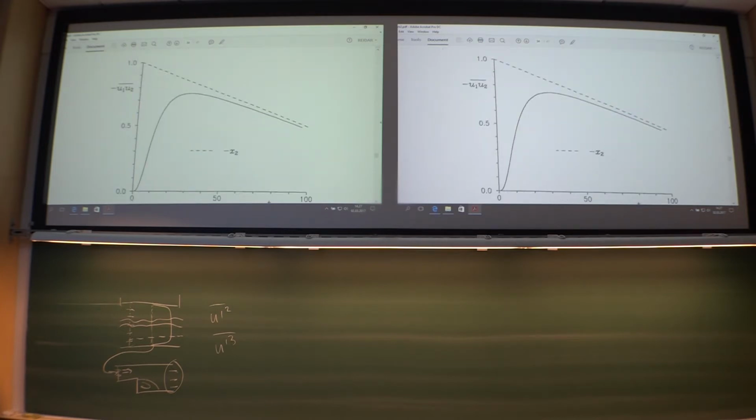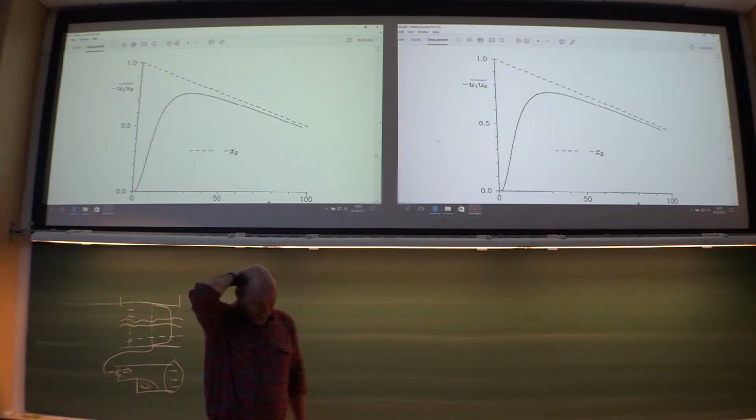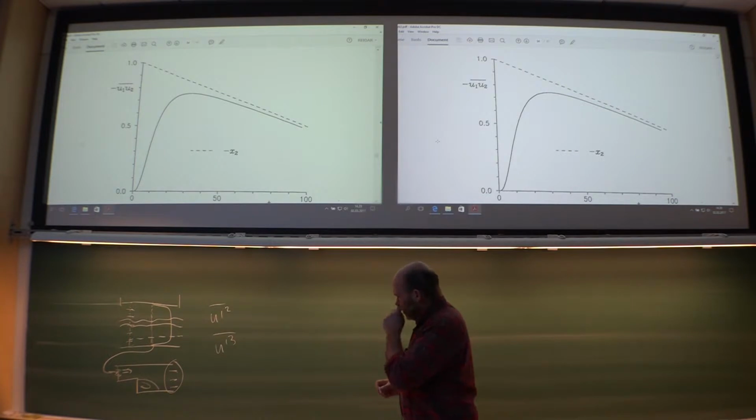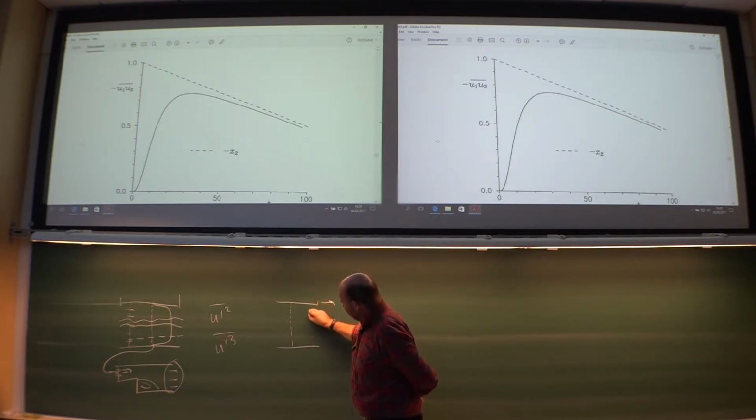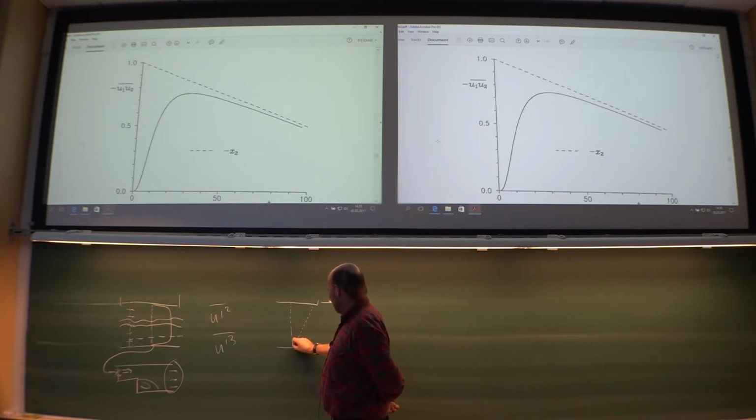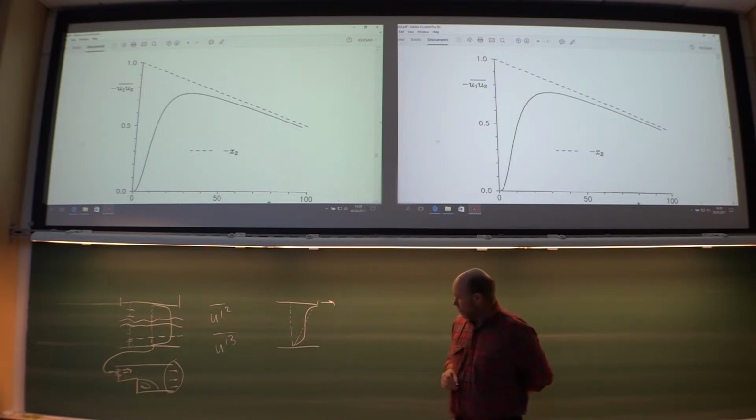And here you see the shear stress. When you do the calculation here, I think I mentioned it, when you had the Couette flow, where one wall is moving with a constant velocity, then you had a velocity profile that went something like this, sort of an S-shaped velocity profile.